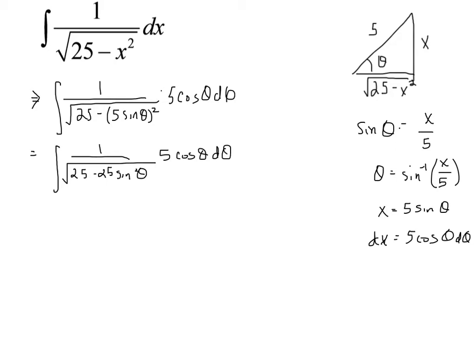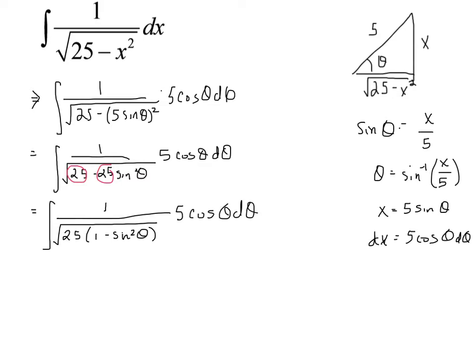You'll notice that I can factor a 25 out, so I can rewrite it as 1 over the square root of 25 multiplied by 1 minus sine squared theta, times 5 cosine theta d theta. And let me start pulling things out. I'm going to bring the 5 out here.